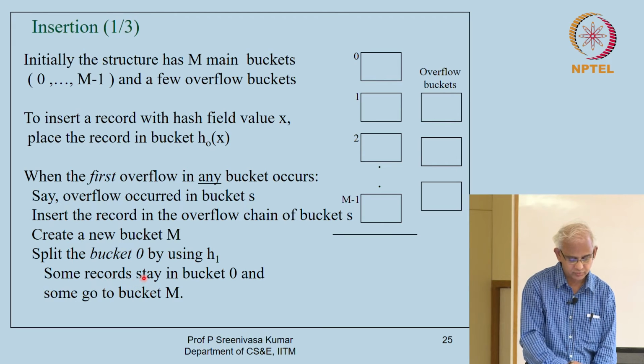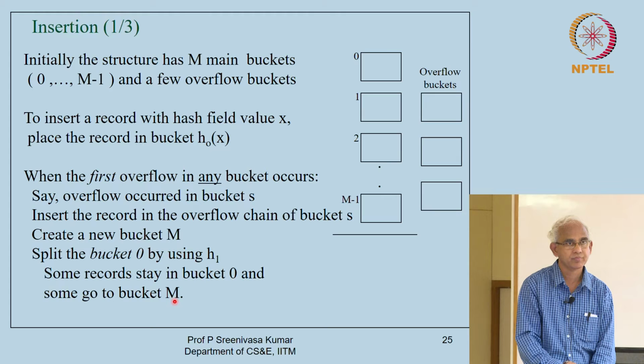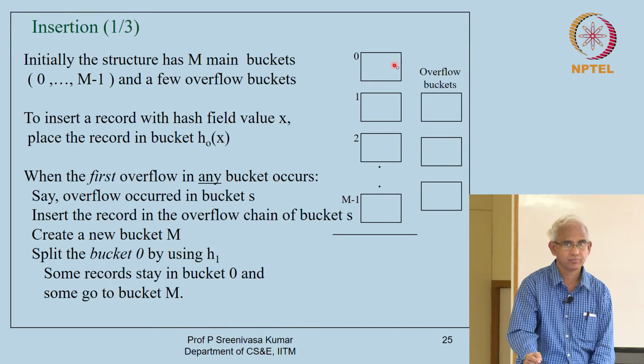So, some of the records will stay in bucket 0 and some will go to M actually. All the records in bucket 0 were there because when you take mod m, they were coming to 0. Now, if you take mod 2m, they will actually go to either 0 or M. Okay, I will show that a little later.